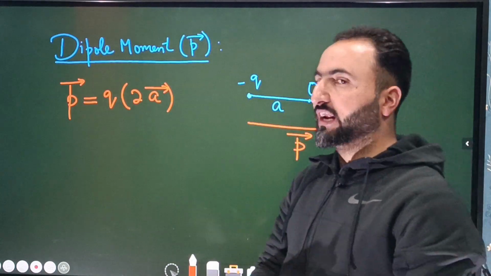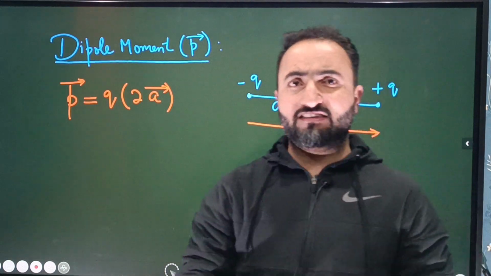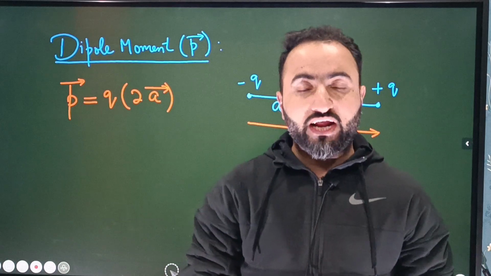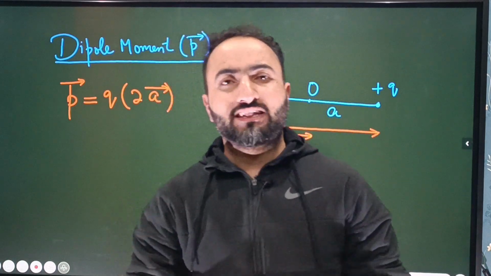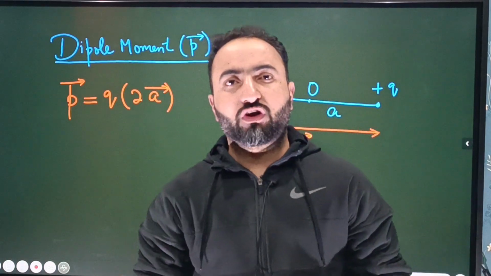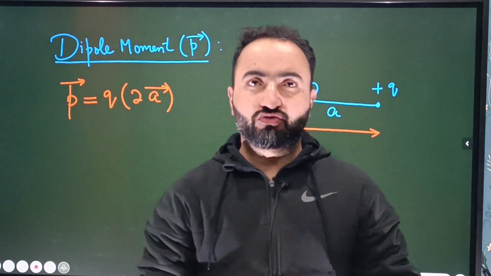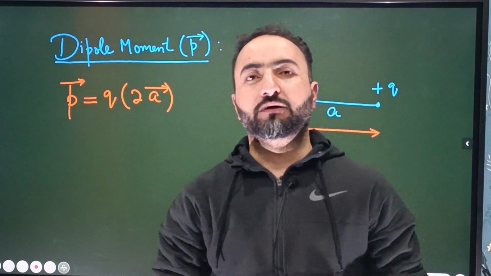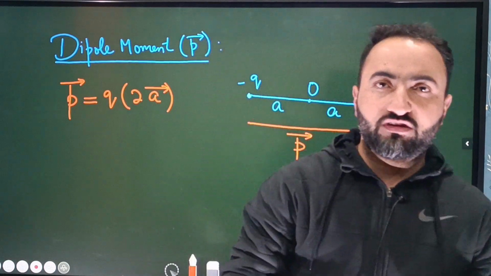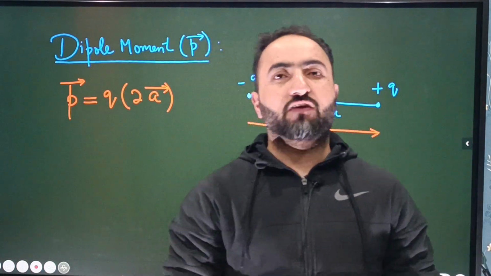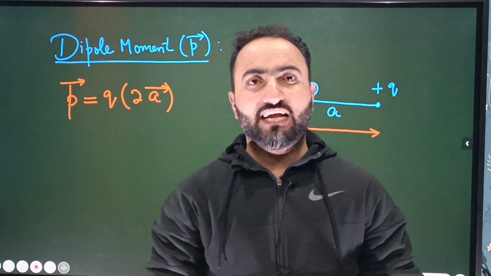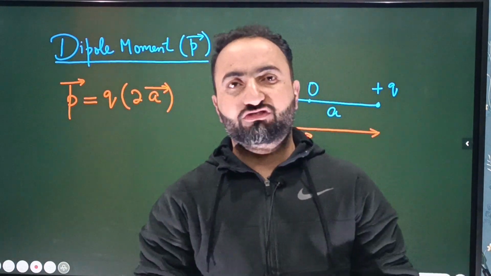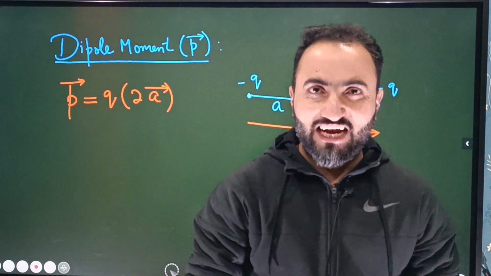So dipole moment here, and again there is a reason why we name this as dipole moment, and why we define it. The reason is this: later on we'll be putting this electric dipole in a region of uniform electric field. Then this dipole will experience a torque, and when we calculate the torque, you will see that the torque of the dipole depends upon two parameters of the dipole: number one is the charge of the dipole, number two is the dipole length.